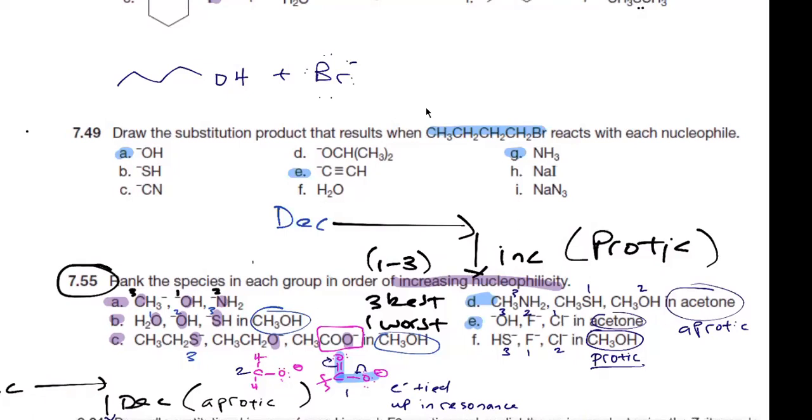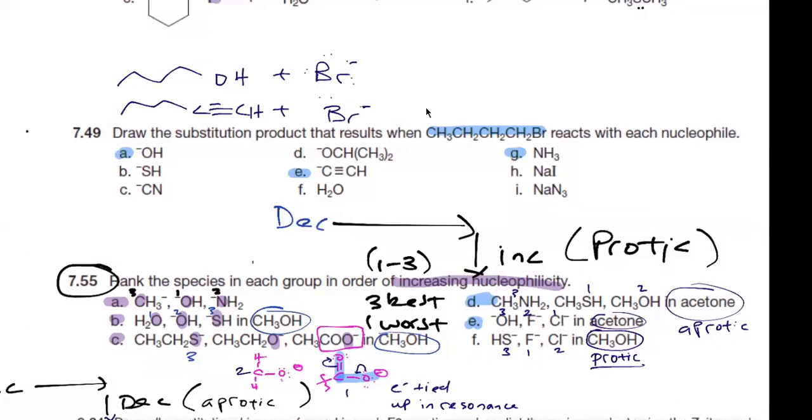All right, go ahead, Brittany. Okay, so we're on E, correct? Yes. Okay, so the same process, you just replace the Br with the nucleophile. So it'd be CH3, CH2, CH2, CH2, negative C, and then the triple bond, CH, plus the Br with 3 pairs of lone pairs around it, and you have the negative sign on the Br.